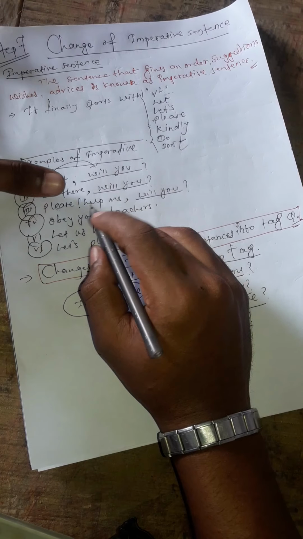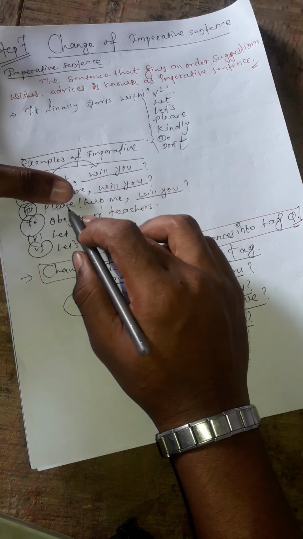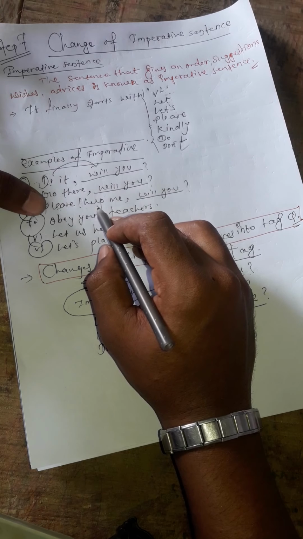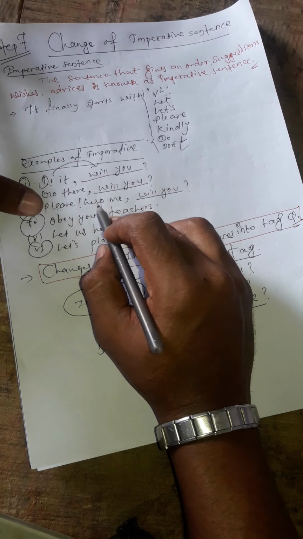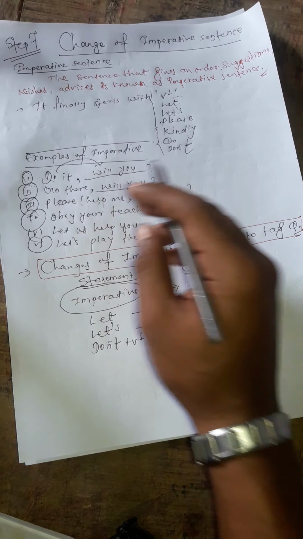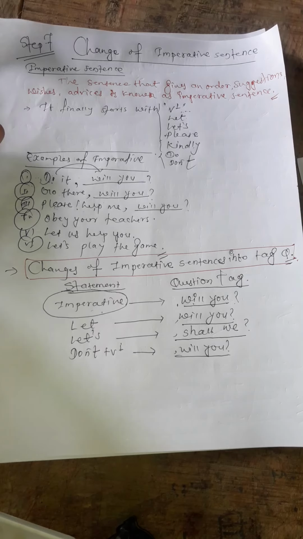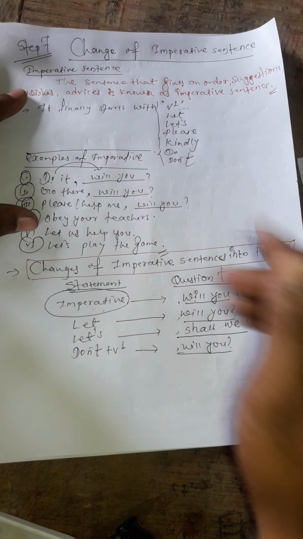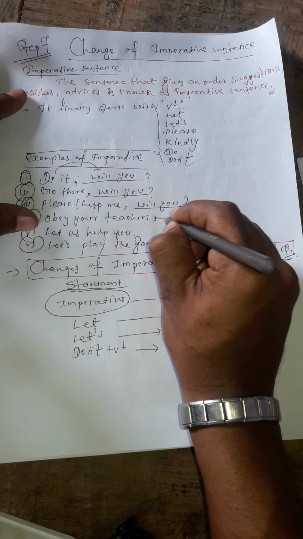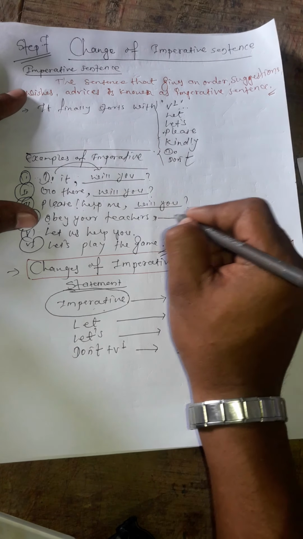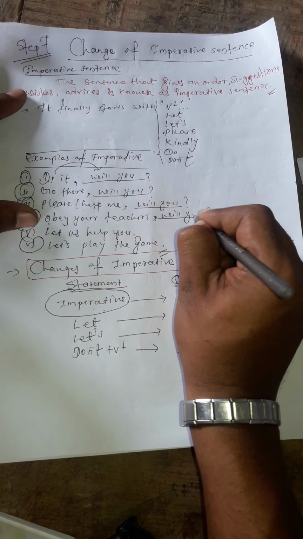You know why? Because help is verb 1 and there is no subject before the verb. So it is an imperative sentence. And as the rule of question tags, we have to write will you after an imperative sentence. Now, obey your teachers. Obey is also verb 1. Then you have to use will you.